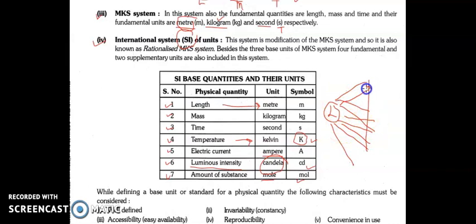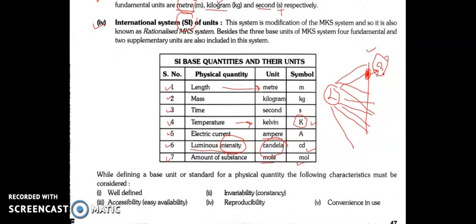If we consider any particular point and we try to calculate the energy falling per unit area per unit time for this particular region, then we will get the intensity. Meaning, on this area, per unit time, per unit area, how much light energy is falling, that will give us the luminous intensity, and that luminous intensity is measured in candela. So this is the major point that we need to take care.